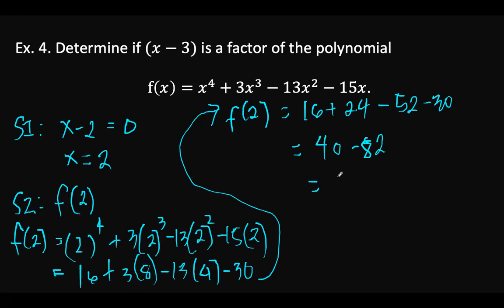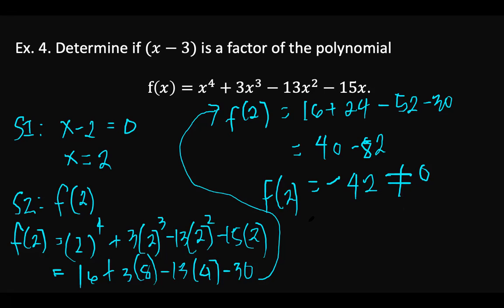And 40 minus 82, that's negative 42. So f of 2 is equal to negative 42. And negative 42 is not equal to 0. So what can we conclude? We can conclude that, okay, since the remainder of f of x when divided by x minus 3 is not equal to 0, then we could say that x minus 3 is not a factor of f of x, right?